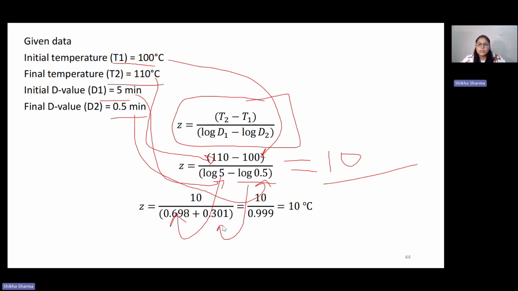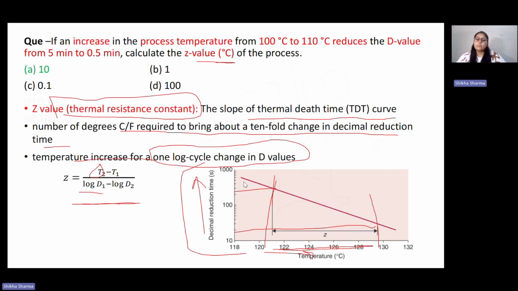So minus minus will be plus. So 10 divided by 0.698 plus 0.301. And when we add this denominator, it will be 0.999. So 10 divided by 0.999 will be 10 degrees Celsius. So the Z value will be option A, 10 degrees Celsius.